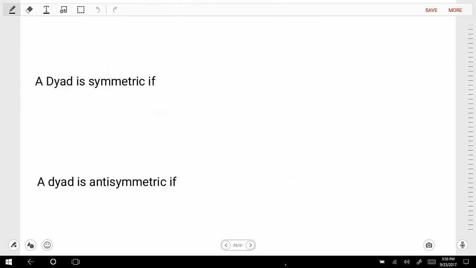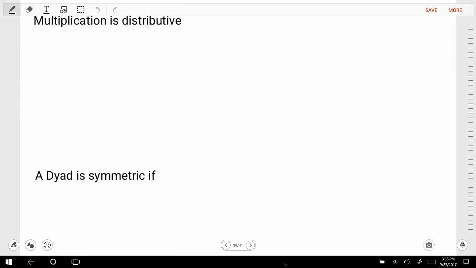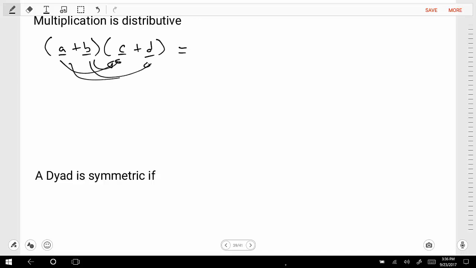Now another relationship is what about distributed multiplication? Say we had two vectors, a plus b, multiplied by two additional vectors, c plus d. Well, what we're saying is that we would distribute that dyad operation. So we'd do this term and that term and this term and this term.